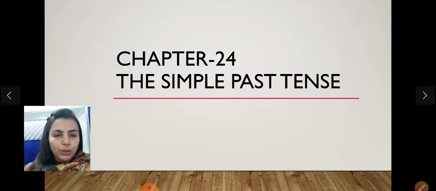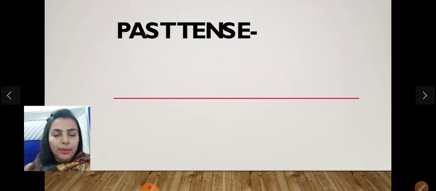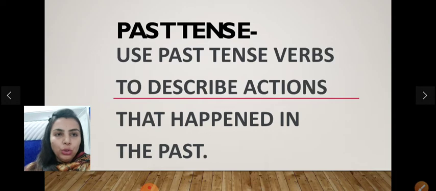In simple past tense, see what is past tense. Use past tense verbs to describe actions that happened in the past. By using past tense verbs, we describe all the actions which were done in the past.